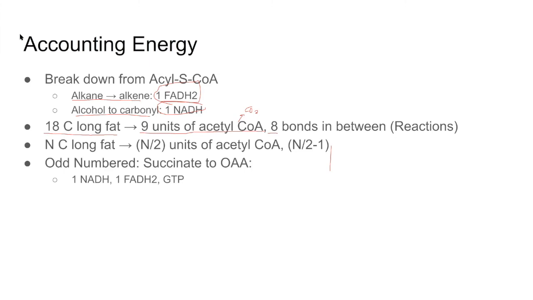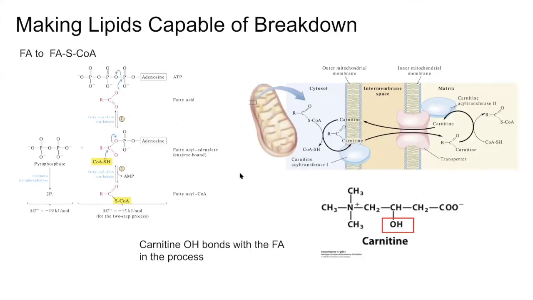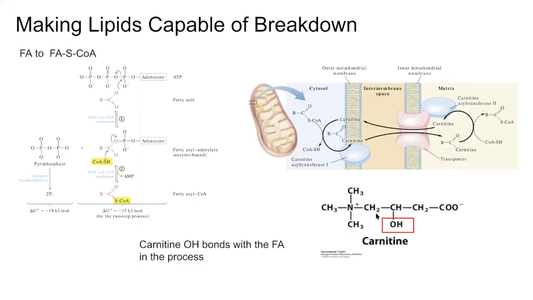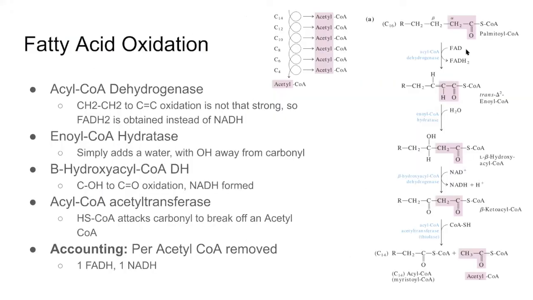So just to summarize, what could we ask you about these fatty acid questions? We can ask you about naming. That's usually the most straightforward question with very little difficulty. We can ask you about the pathway as a whole. What products do we make from this pathway? What intermediates do we make? And how many steps is the process?